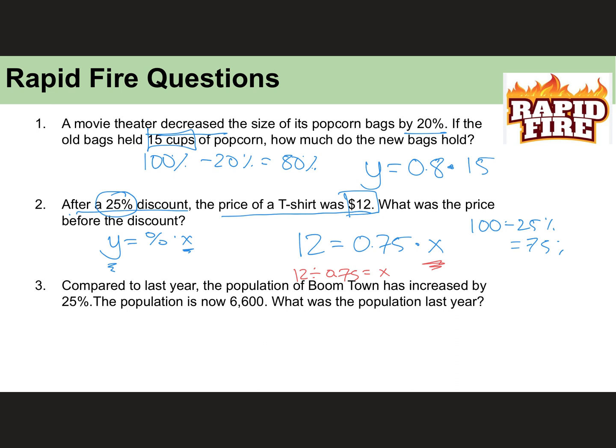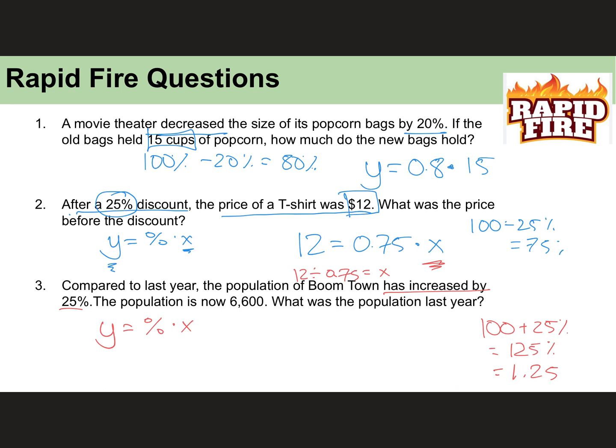Last one. Compared to last year, the population of Boomtown has increased 25%. The population is now 6,600. So very similar. Y, which is my new, equals the percent change times x, which is the original. So an increase of 25% means 100% plus 25%, which is 125%, or as a decimal, 1.25.